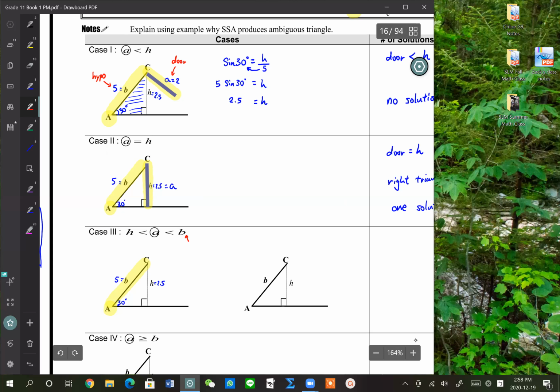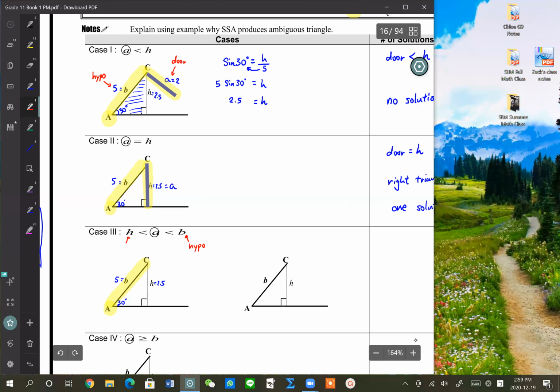B is the hypotenuse. H is the height. So I need someone to give me a number that's in between the height and hypotenuse.